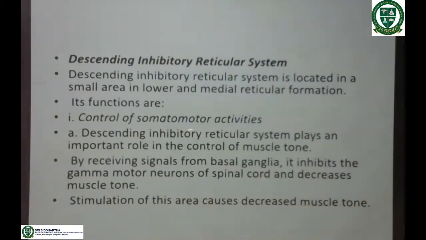In that, the descending inhibitory reticular system plays a role in controlling the tone of the muscle. The descending facilitatory system will facilitate and increase the tone of the muscle, whereas the inhibitory system will inhibit and control the tone of the muscle. By receiving signals from the basal ganglia, it inhibits the gamma motor neurons of the spinal cord and decreases the muscle tone. Stimulation of this area causes decreased tone of the muscle.